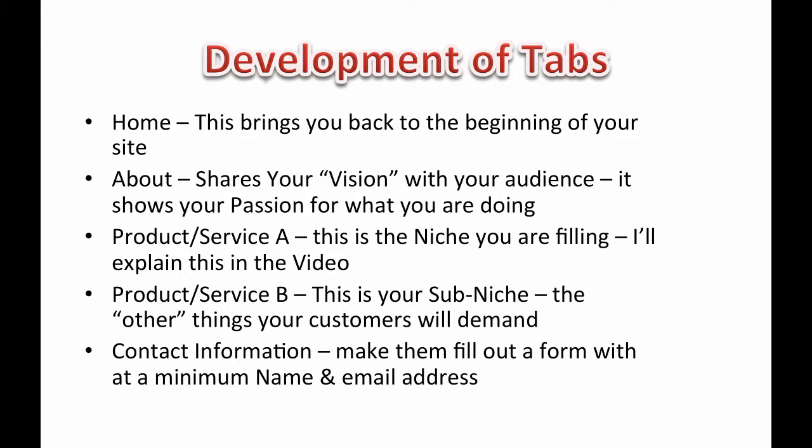So this would be your A. Your B tab, the next tab, would be your sub-niche. Let's suppose people come to your site and they're doing the tours, but at the same time they're interested in hotels, or they're looking for gift shops. These would be the other things. It would be the sub-niche.